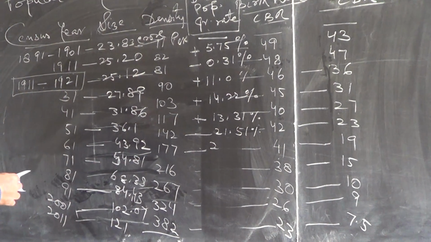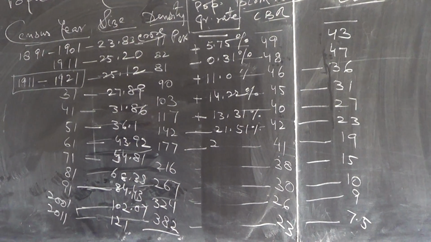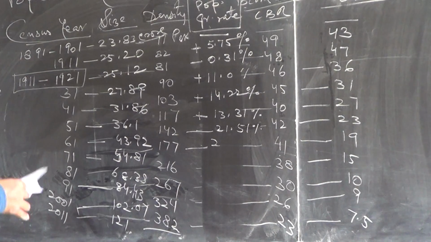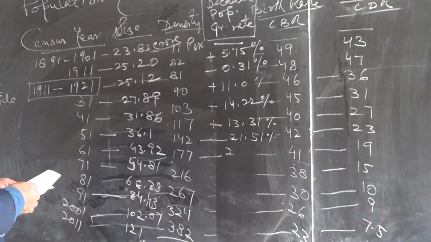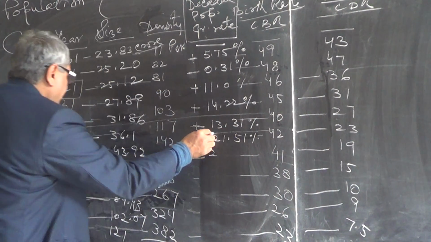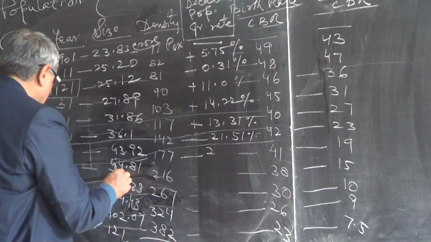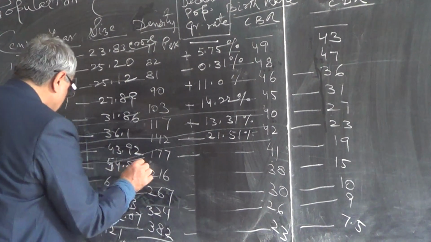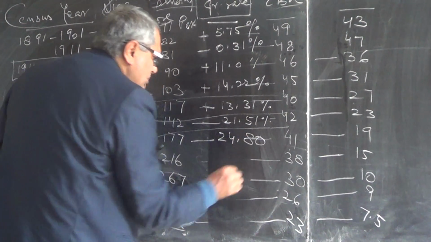And then it was 21, in 1951 it was 13 point, so this is the one. And 61 it was like this. So in 71 it was 24.80.